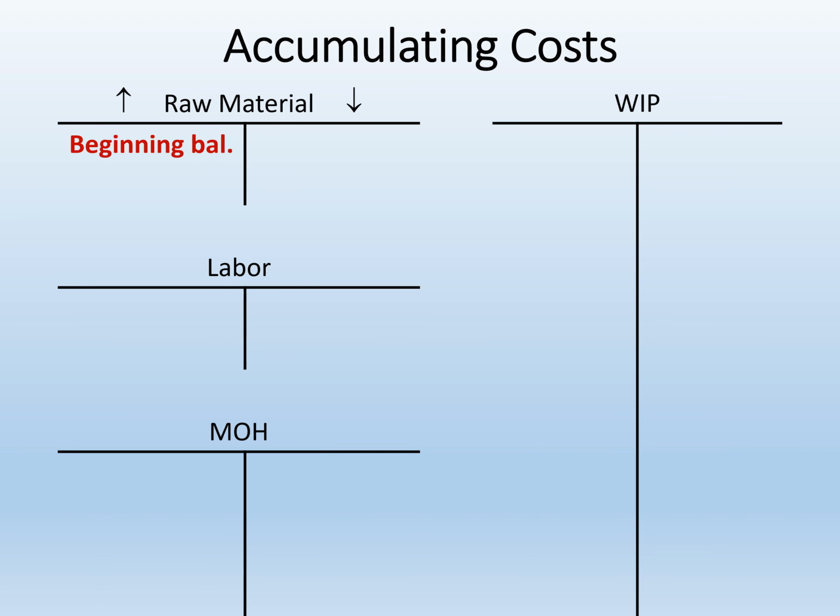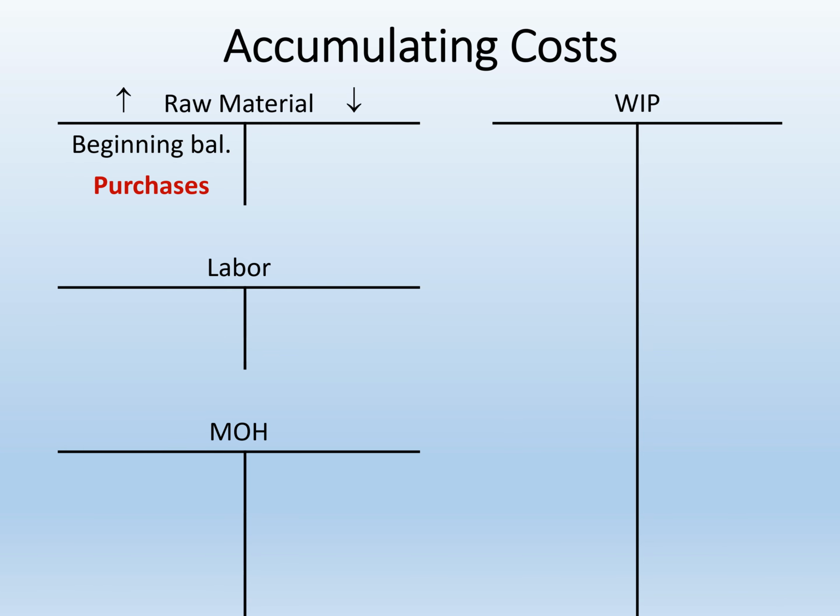A debit balance in raw materials at the beginning of the period simply means that the firm had acquired some raw materials in the past but hadn't used them all by the end of last period. So they are available at the beginning of the current period.